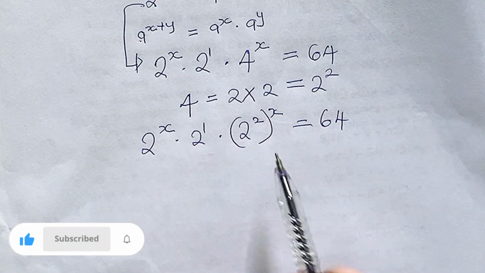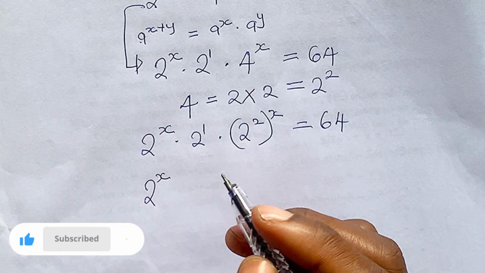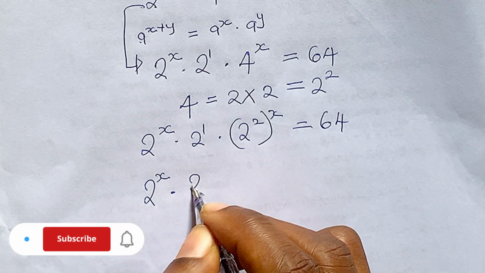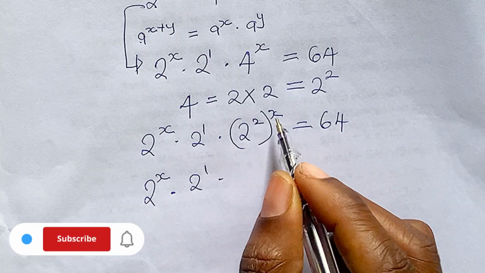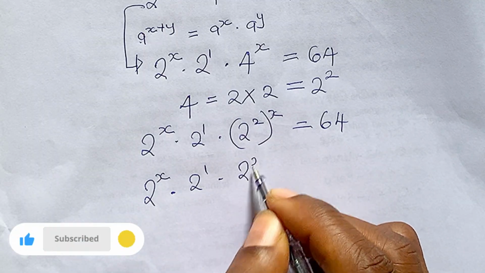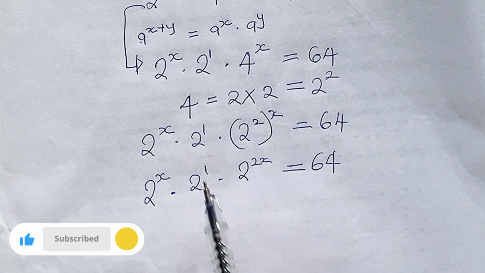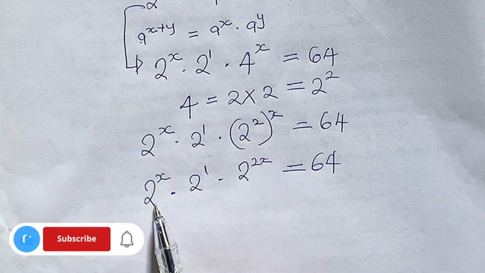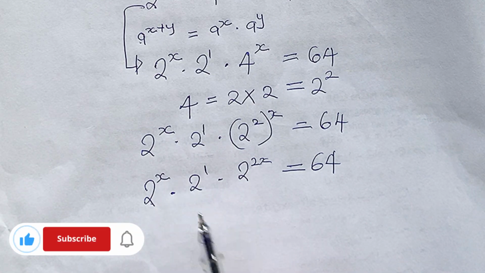Now let's multiply these powers together. We have 2 to the power of x multiplied by 2 to the power of 1 multiplied by 2 to the power of 2x, which is equal to 64. Again, when you have bases 2, 2, 2, we can add up the powers.